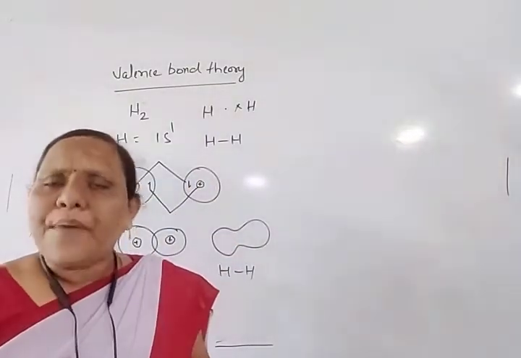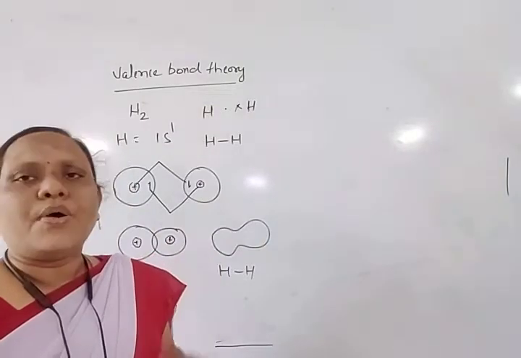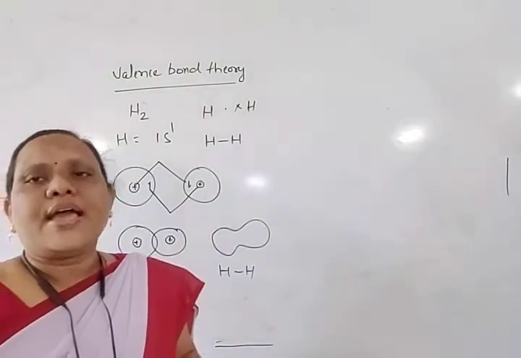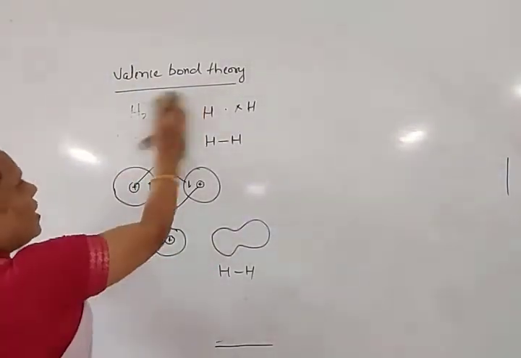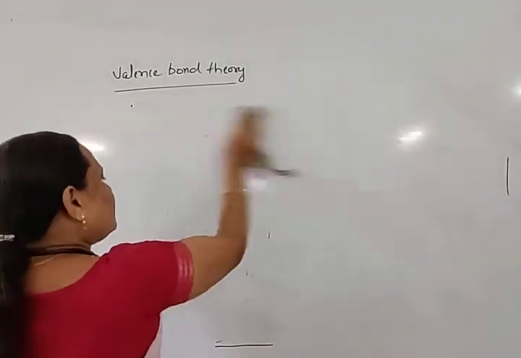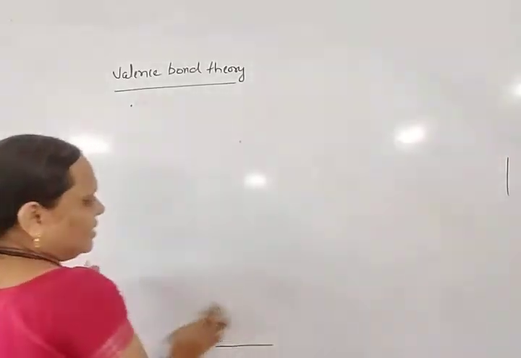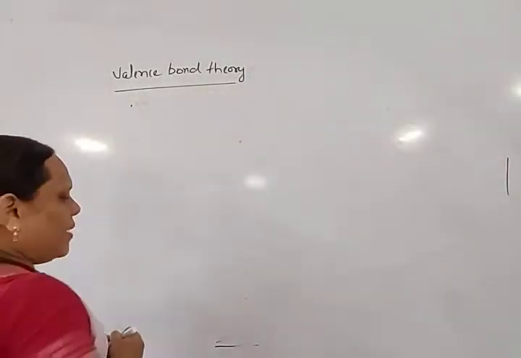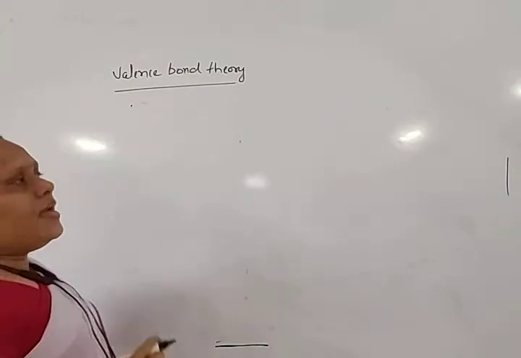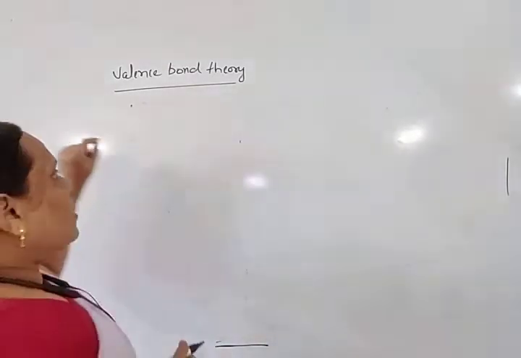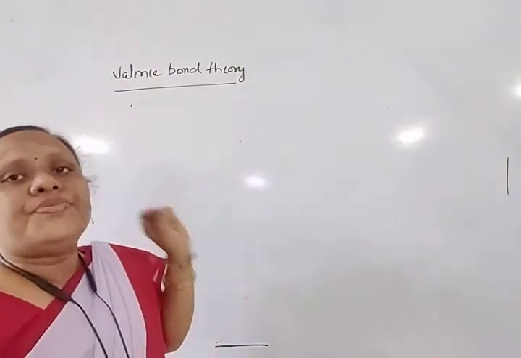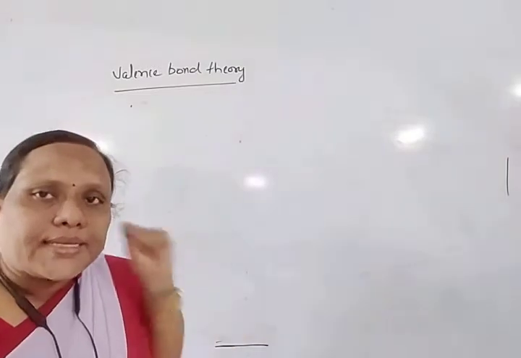And this type of bond is again of two types. One is known as sigma bond, another known as pi bond. When the overlapping of atomic orbitals takes place along the internuclear axis, that means an imaginary line which touches the nuclei of two atoms, that is called the internuclear axis.